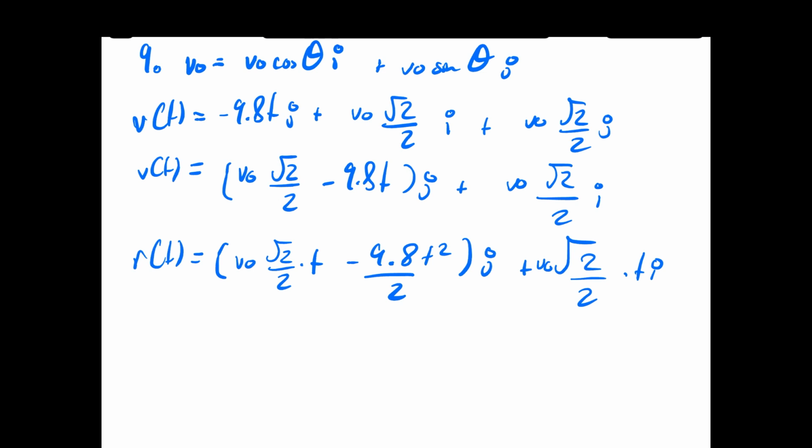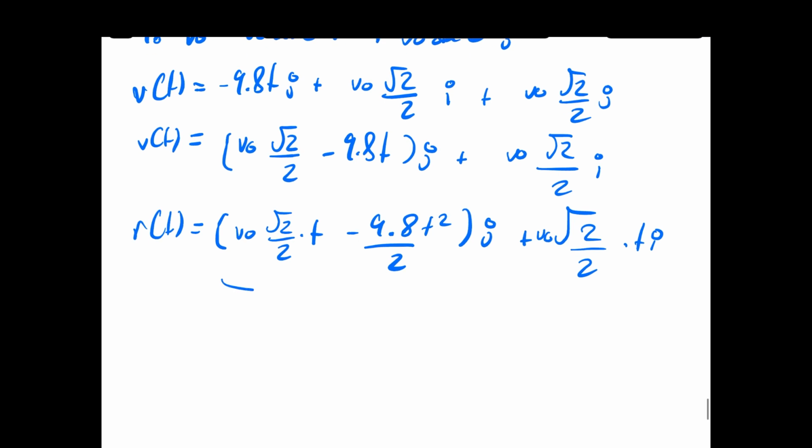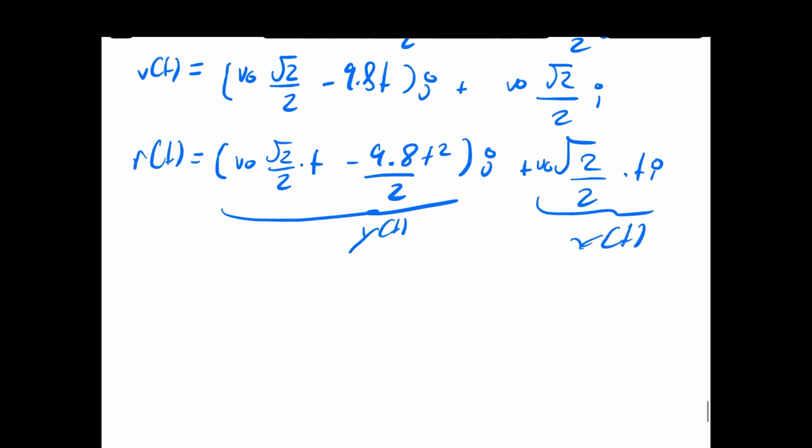Sorry, this bug keeps flying around, it's annoying me. Okay, so the range in the previous question was along the lines of you needed to solve for y at t, which we did. We have y at t here, okay? And we needed x at t, so we could shove it into our equation.